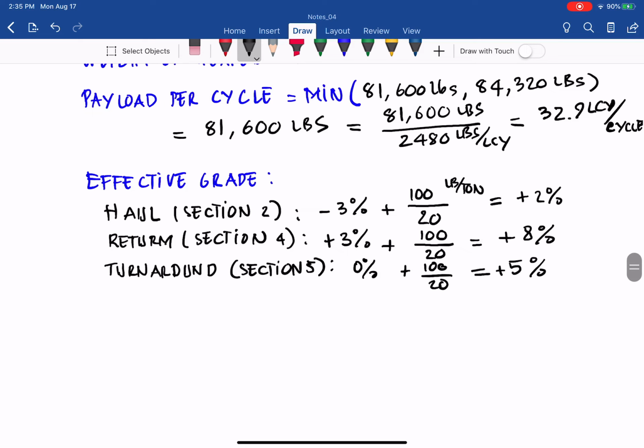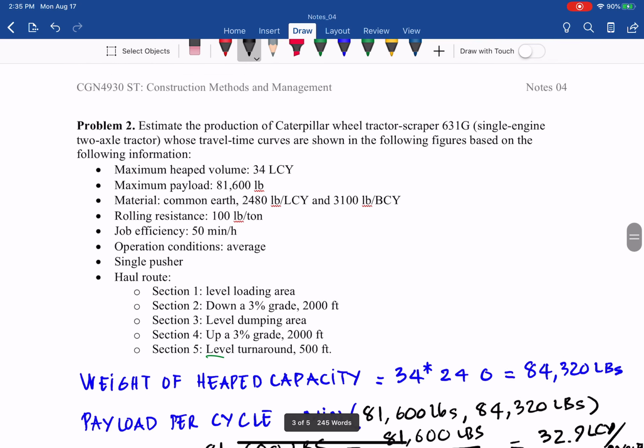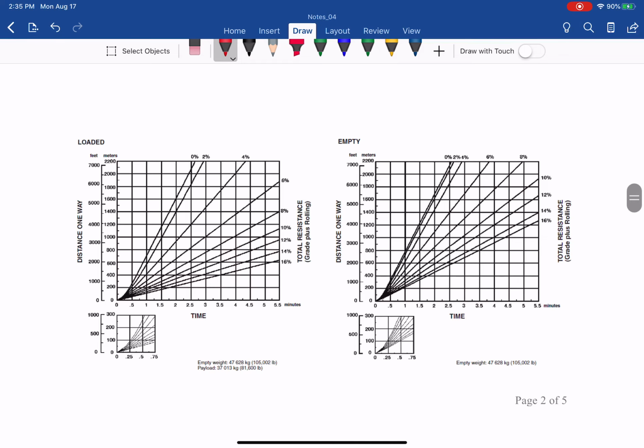From that, we can use the chart for travel time. For section 2, which is haul, you use chart number 1. Let me write down here: this is chart number 1, and this is chart number 2.